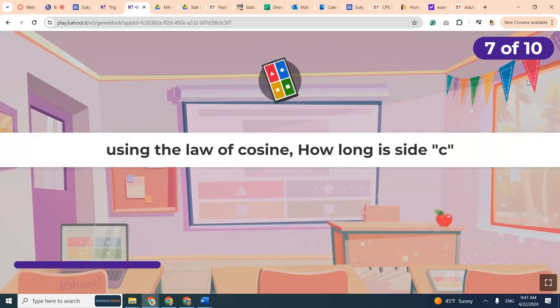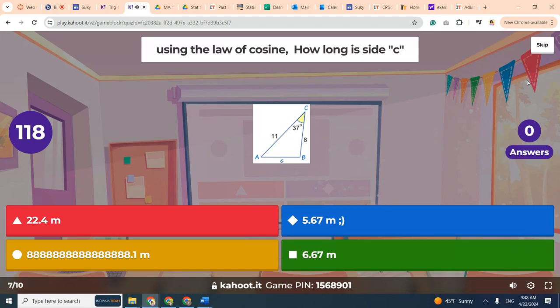Next. Use law of cosine. How long is side C? Use your formula. Plug in your formula. You can look at your formula sheet. What is side C?